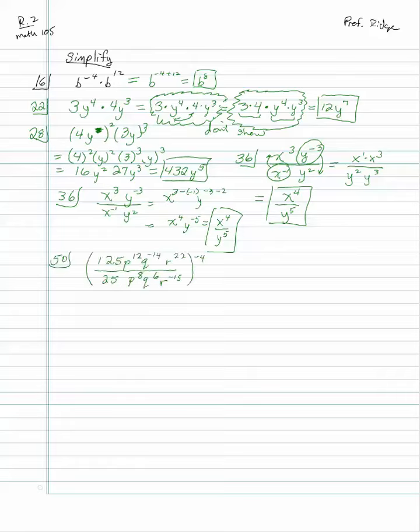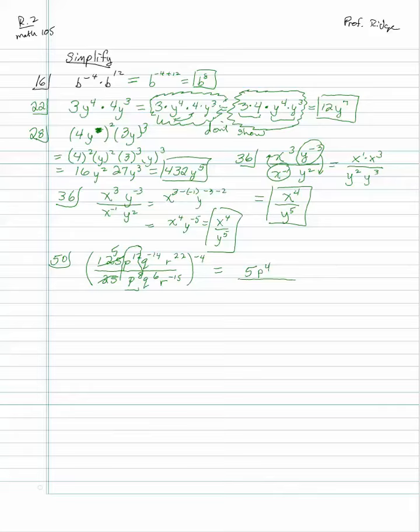This one looks a little challenging. My first step is I notice I can reduce things inside the parentheses. So 25 goes in 125 5 times. So that's going to give me 5 on top. And then P, and then I'm going to work with the P's. 12 minus 8 is 4, and they're left on top.